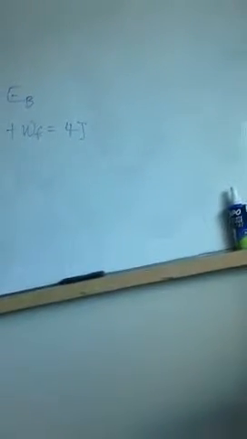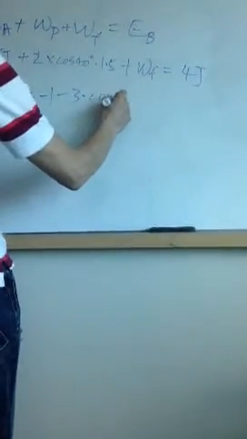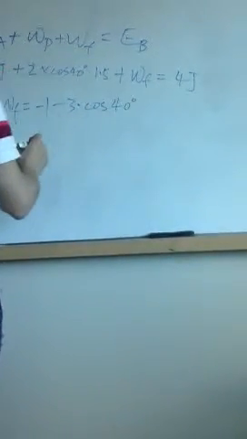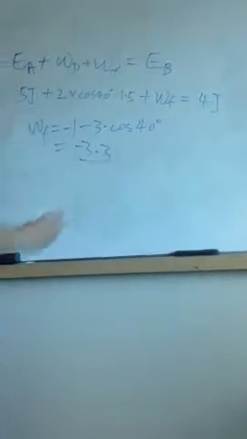Equal to 4 minus 5, negative 1, 3 times cosine 40. And then if you calculate it, it's negative 3.3.